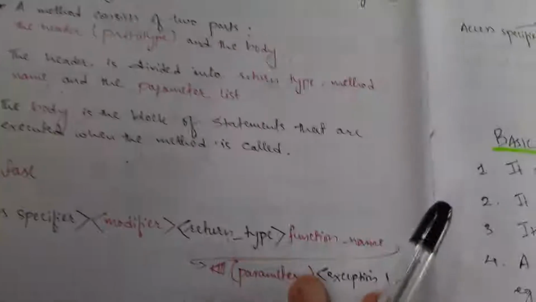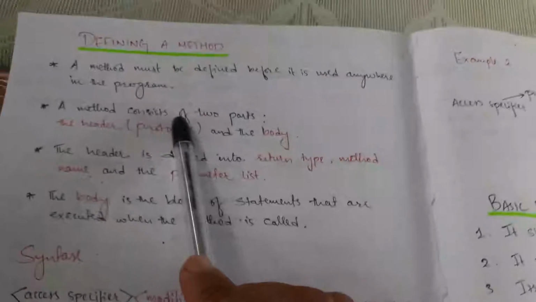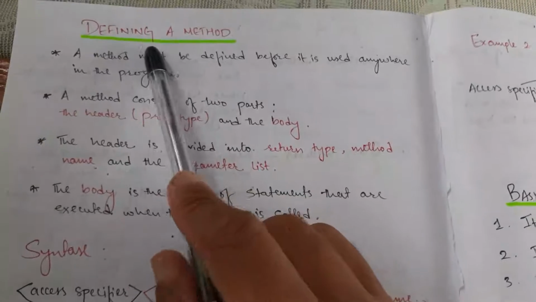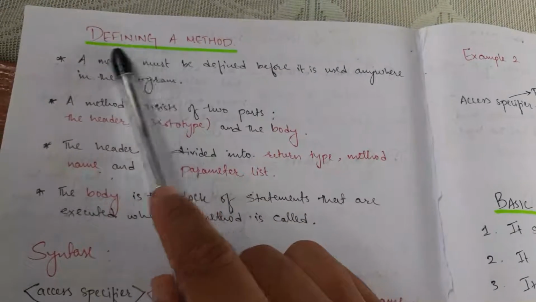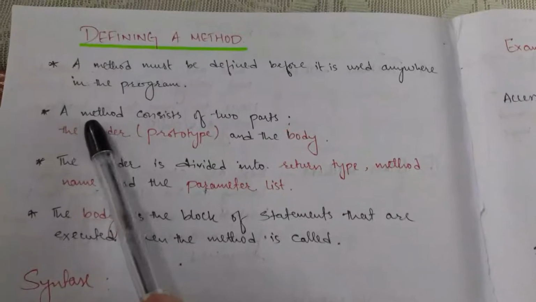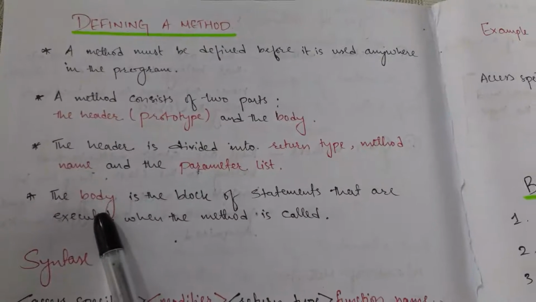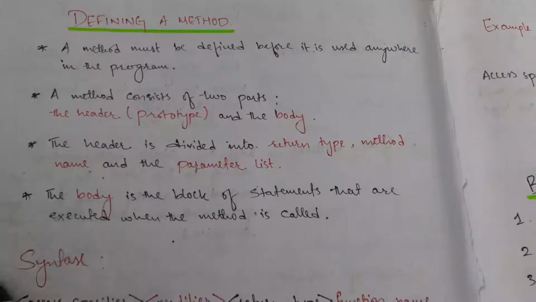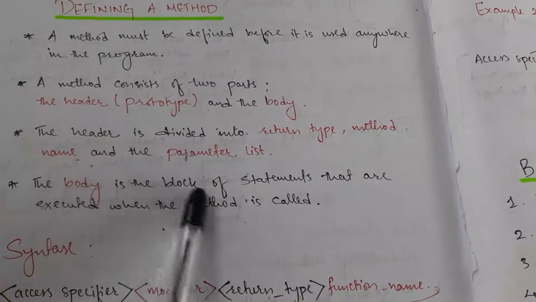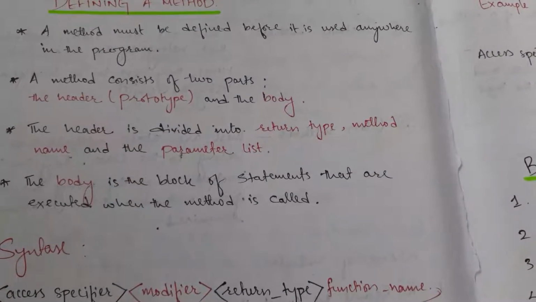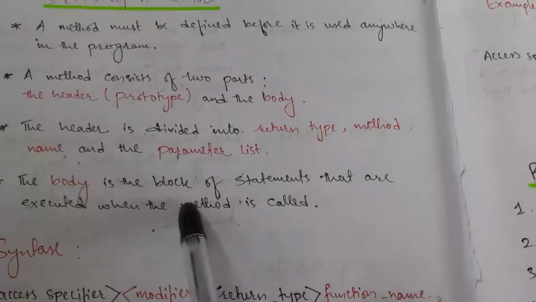Now the next thing that I am going to explain is about defining a method. Here I have written some important points, which are very important to understand whenever we are dealing with a method. According to these only we can write the method or the prototype.